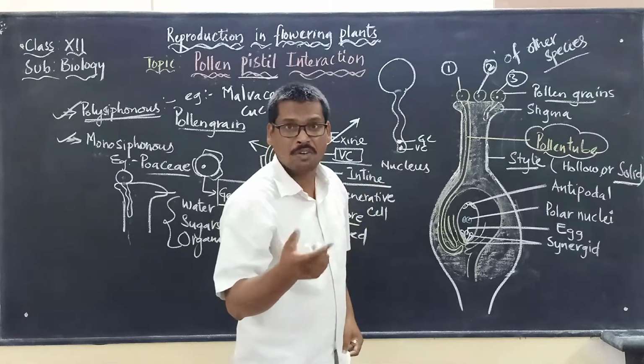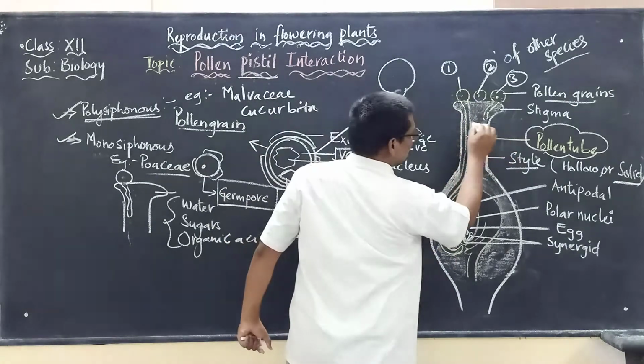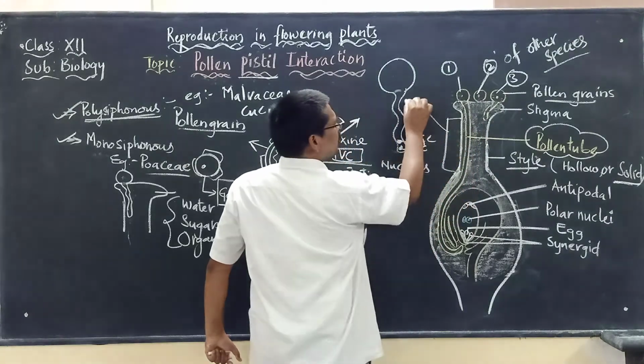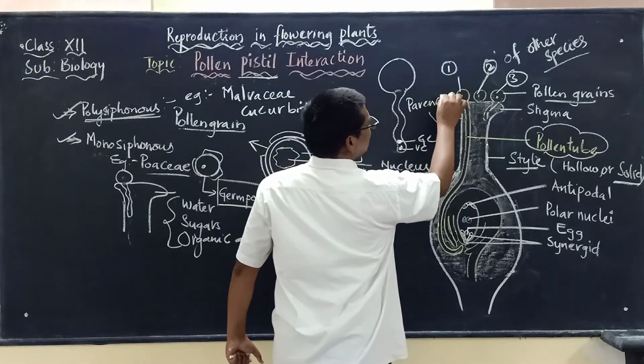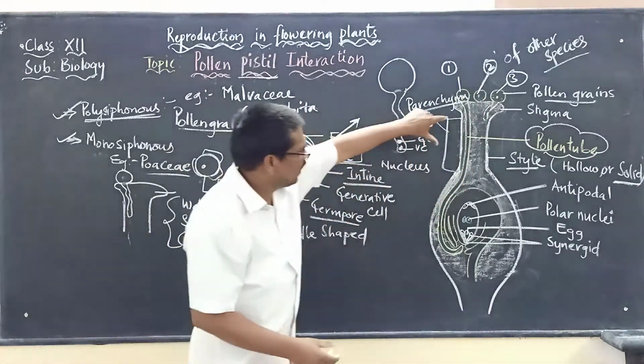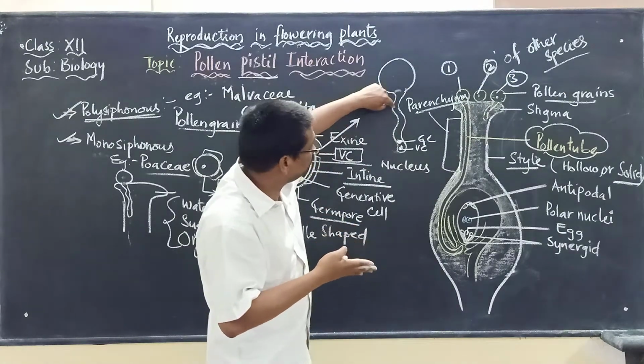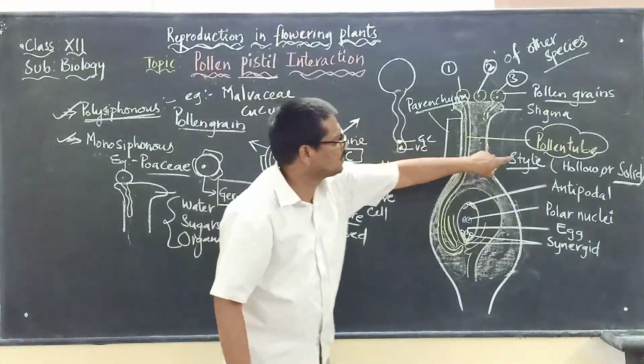A solid style consists of parenchymatous cells, packed together, through which the pollen tube has to move on.